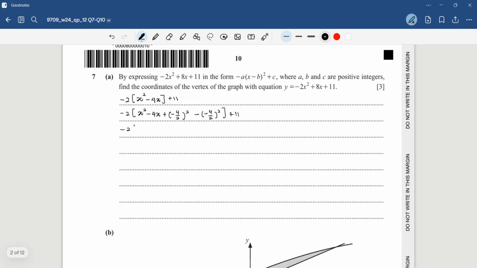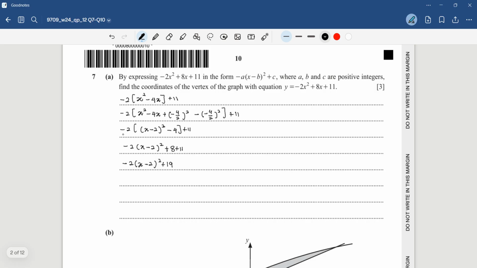So negative 2 will be (x minus 2) squared minus 4 plus 11. So negative 2 (x minus 2) squared plus 8 plus 11. Therefore negative 2 (x minus 2) squared plus 19. Or you can even use some formulas to convert this.